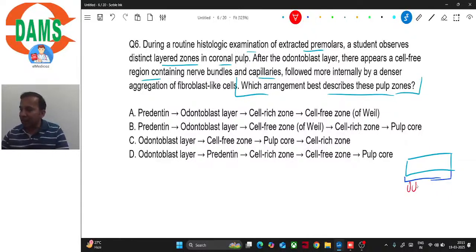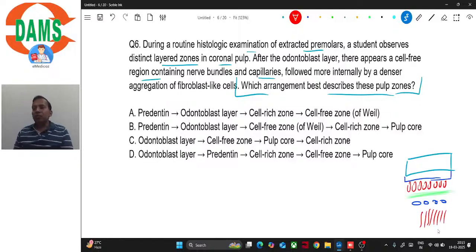Beneath it is the odontoblastic zone, beneath which is the cell-free zone, and beneath the cell-free zone is the cell-rich zone, and beneath the cell-rich zone is the pulpal core, isn't it? So option B again is the correct answer. Odontoblast, cell-free, then cell-rich zone, and then the pulp core.